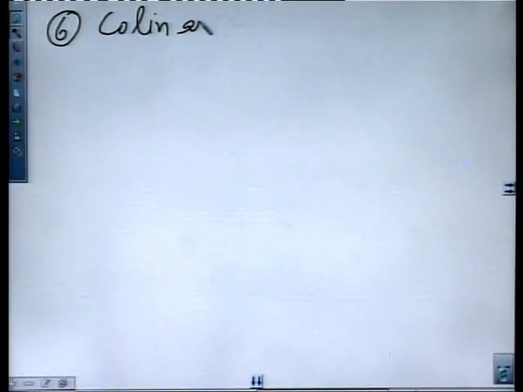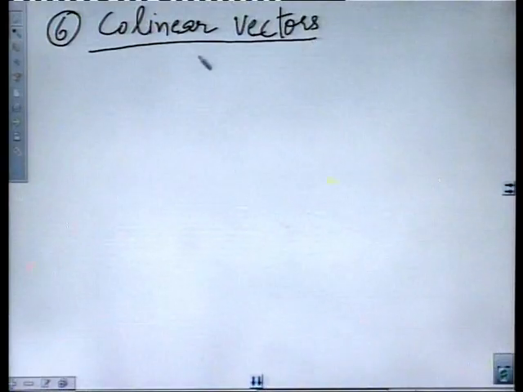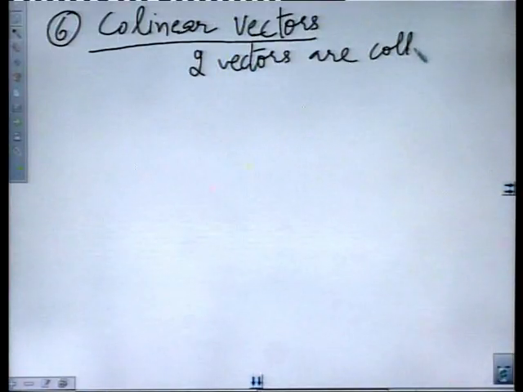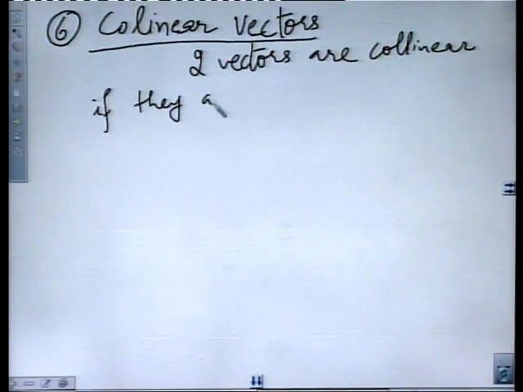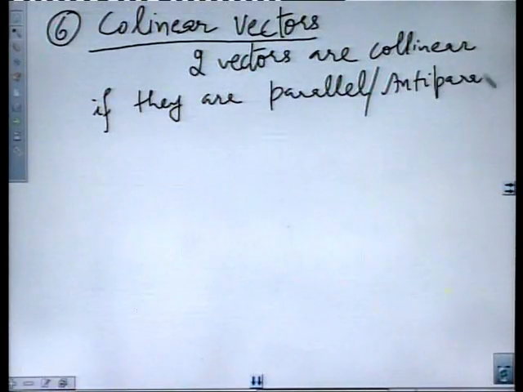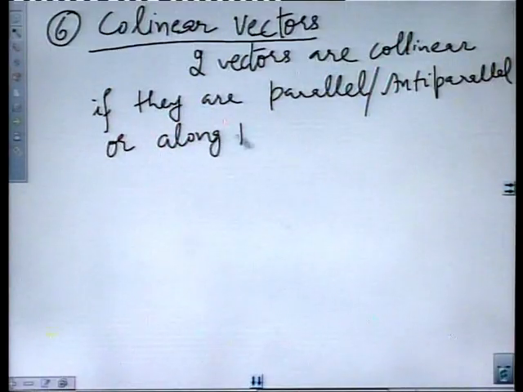The next is the collinear vectors. Two or more vectors are collinear if they are parallel to each other, anti-parallel to each other, or along the same line.